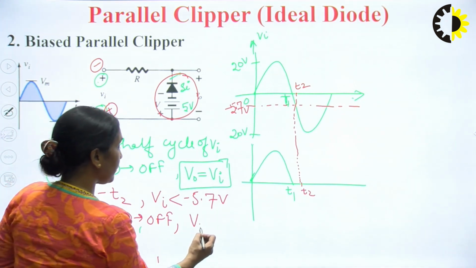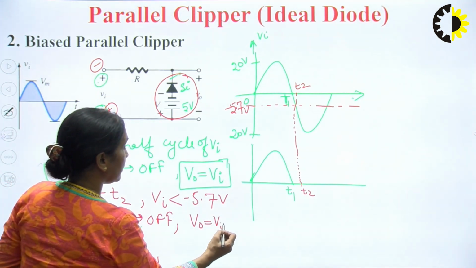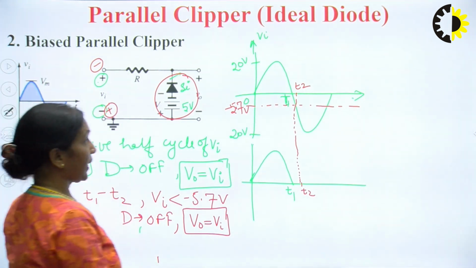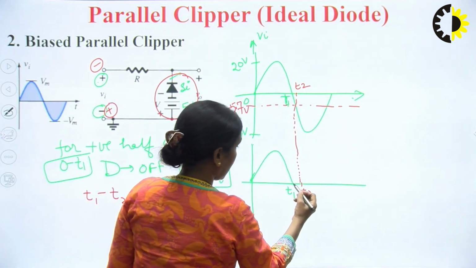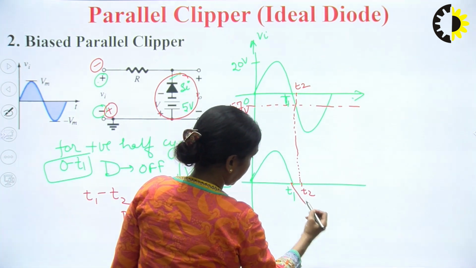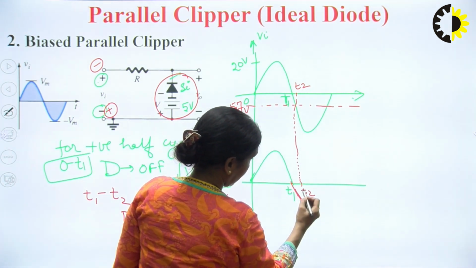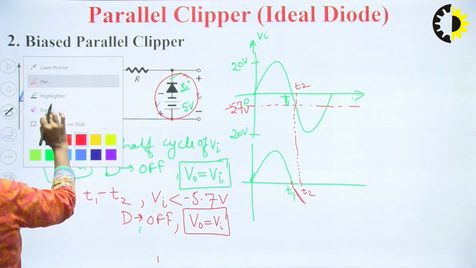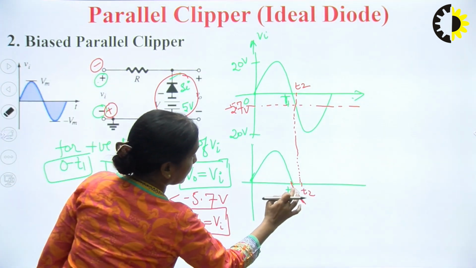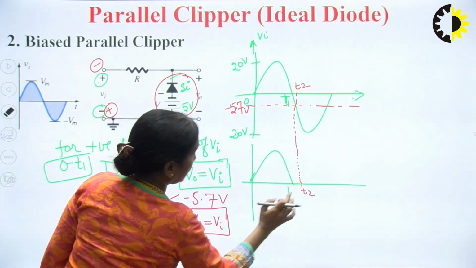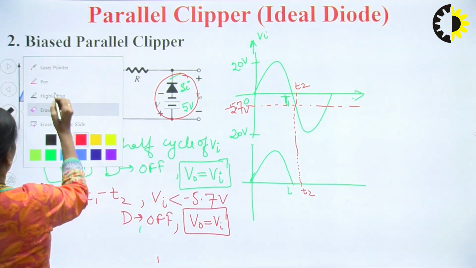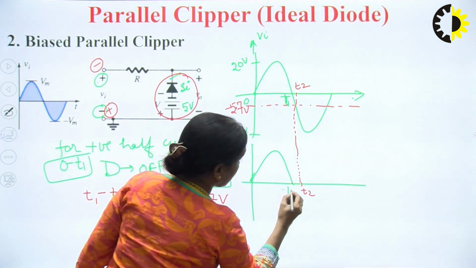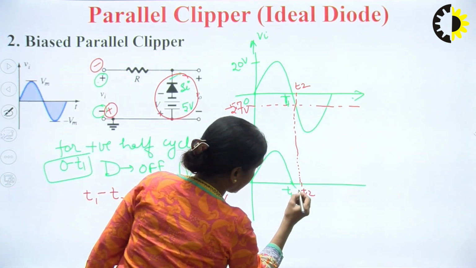So again you get V0 is equal to Vi. That means this. So this is T1 and I can see this.